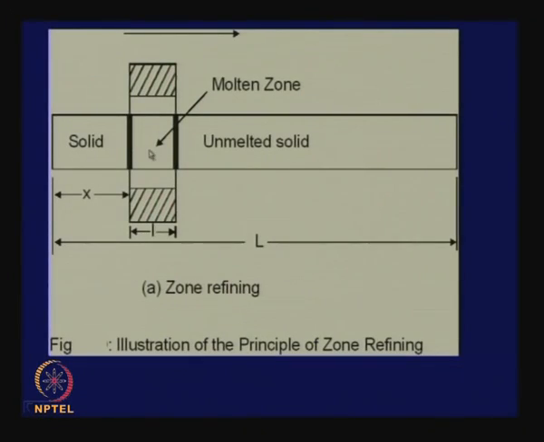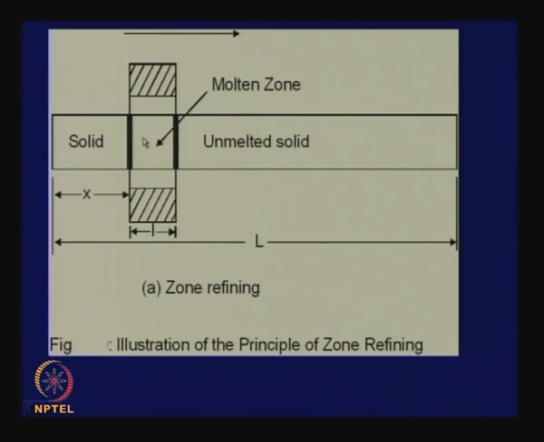So, if you melt a small zone, then in this zone where it is melted, we will have a difference in composition between the liquid here and the solid in contact with it.